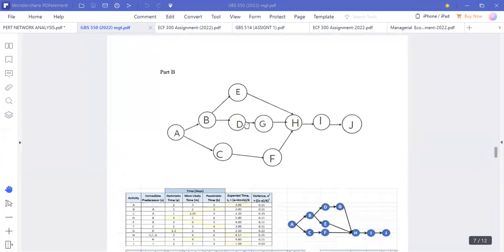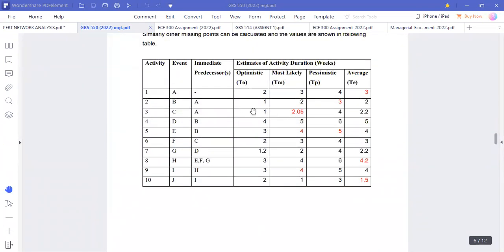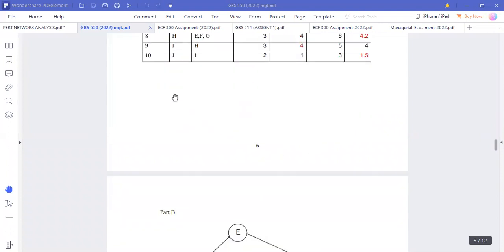Okay, so now when getting the project completion time, we have the formula here.